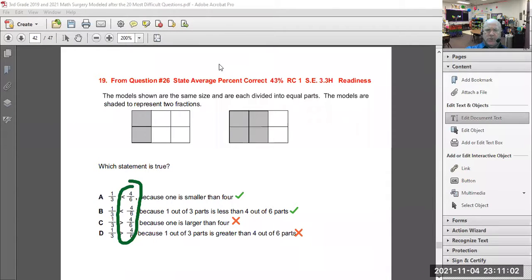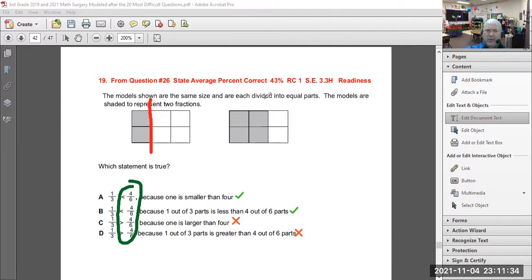And I'll use red this time. There's 1 out of 3 parts. There's 2 out of 3. And there's 3 out of 3. So if you take by groups, there's 1 group, 2 groups, and 3 groups. So if I look at groups, our new fraction is 1/3.